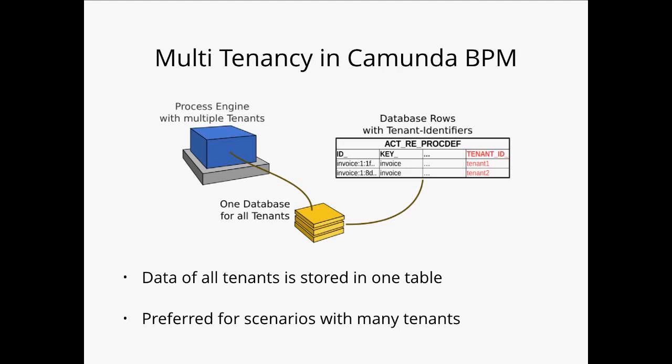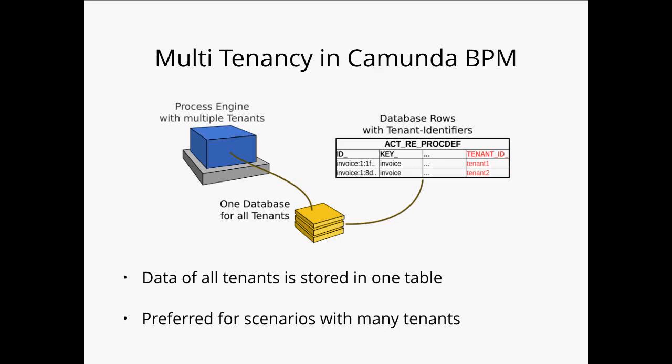This second approach is pretty new with the Camunda 7.5 release. You could have done it before with your own implementation, but with the new 7.5 release of Camunda BPM, we added this tenant ID column in all relevant database tables.